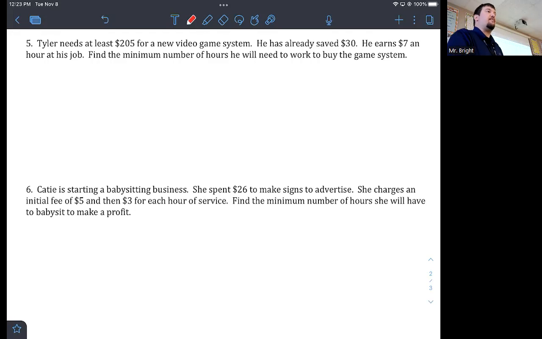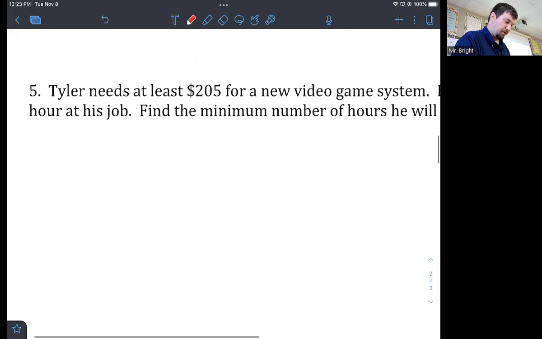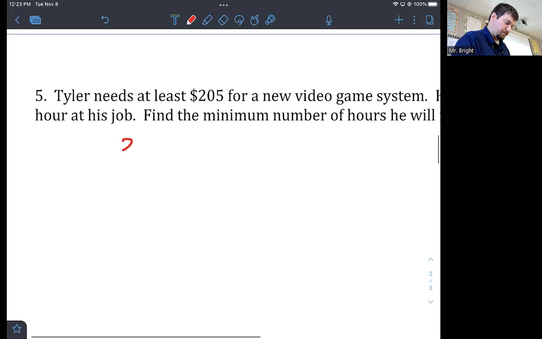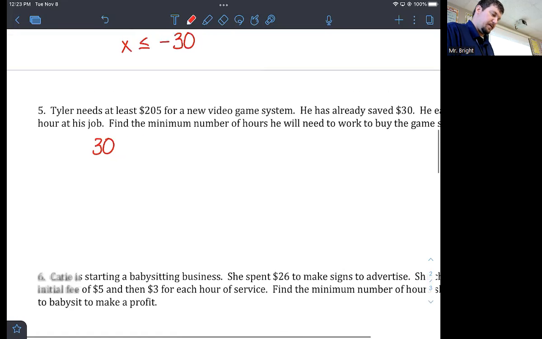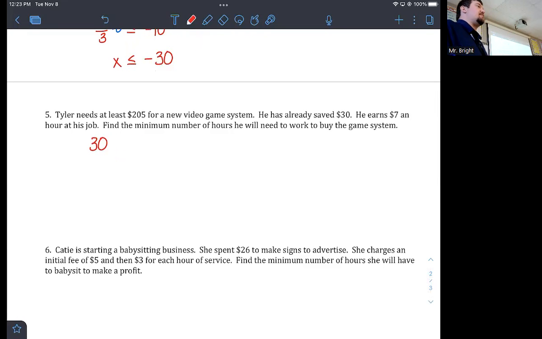So if we work chronologically here, how much money does Tyler already have saved? You can just shout it out. 30. Okay, so we'll start with 30. Then he's going to be saving some more, right? His job pays him $7 per hour.